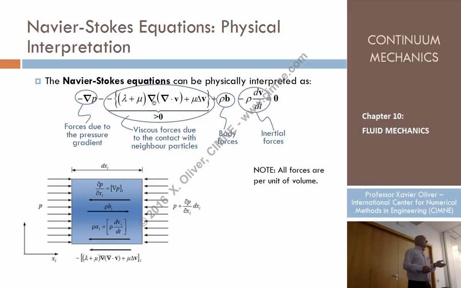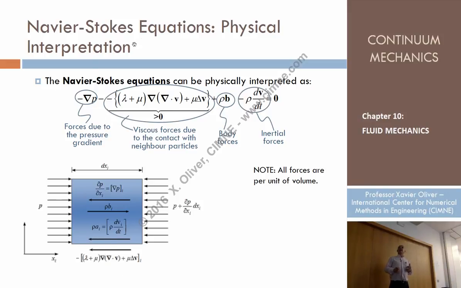That is what happens when we have perfect fluids or when we have fluids at rest. In fluids at rest, there is no gradient of the velocities, so all the terms of these viscous forces are 0. In perfect fluids, although the gradient of the velocities are not 0, the viscosities are so small that we consider that these terms are 0.